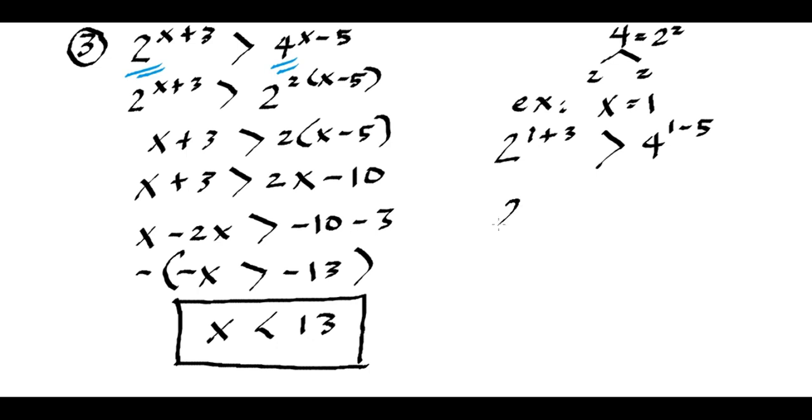Okay, so we have 2 to the fourth power, 1 plus 3 is 4, is greater than 4 to the negative 4 exponent. So ang 2 to the fourth natin ay, that is 2 times 2 times 2 times 2. So apat na 2. So that is 2 times 2 is 4, times 2 is 8, and times 2 is 16.